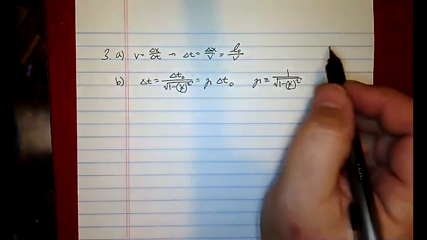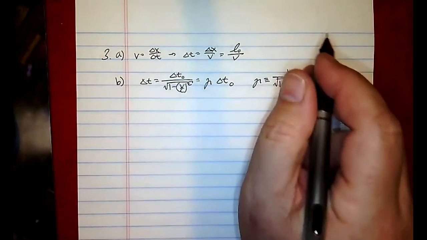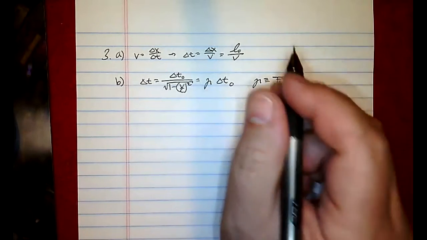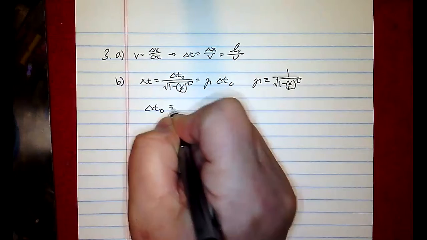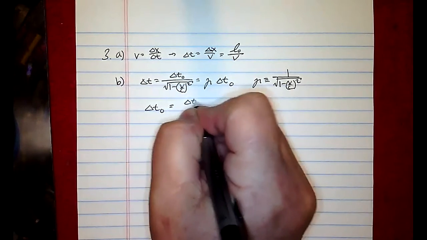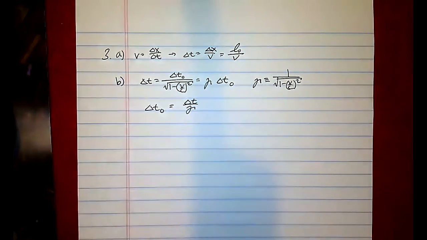So I will use gamma because that'll save us a lot of writing, as I actually hinted at in the problem. So I'm going to find out their time. Their time is delta t0, which should in fact be delta t over gamma.